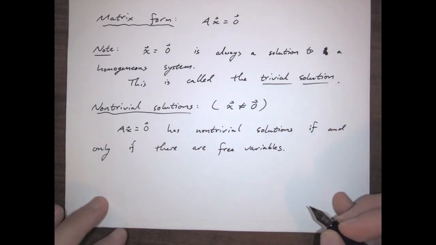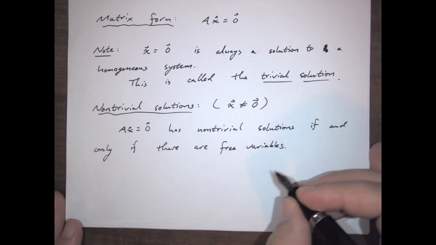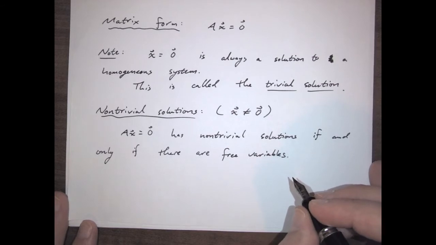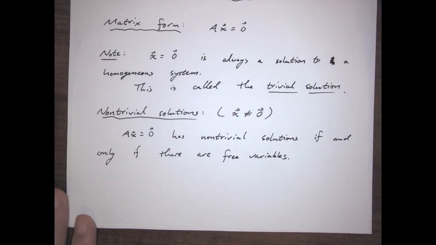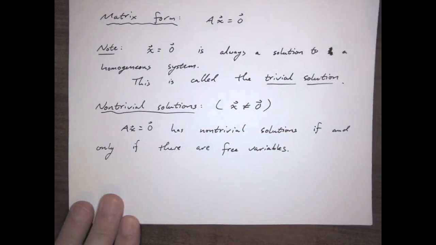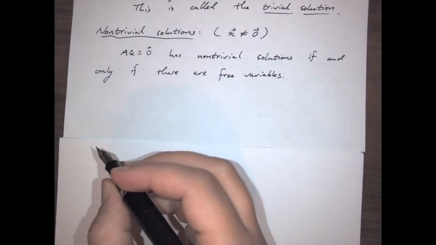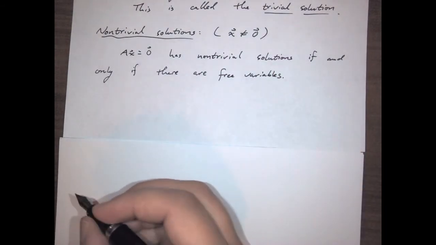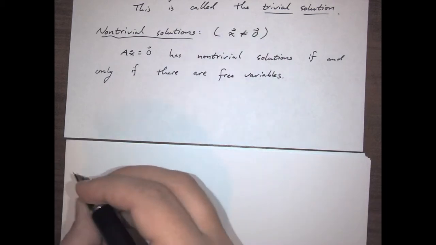So if there are no free variables, if you end up with all basic variables, then you will only have one unique solution. And if there's only one unique solution, and we know the trivial solution is always on offer, then it must be that one. So now let's try to actually figure out a way to write the solution set to particularly first homogeneous systems of equations and then just general systems of equations.